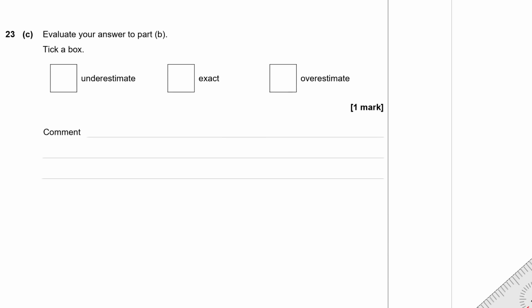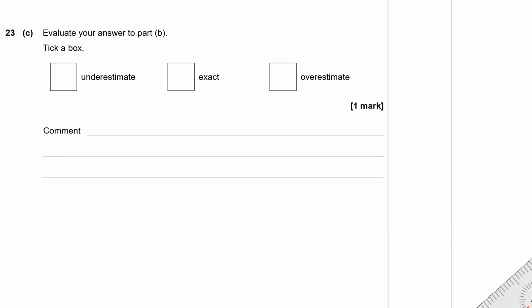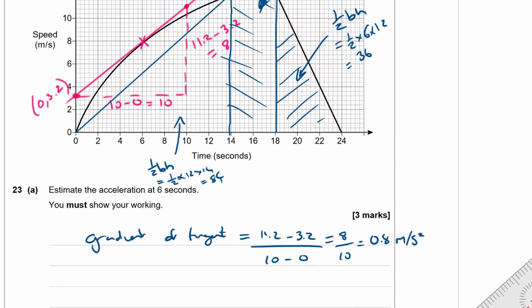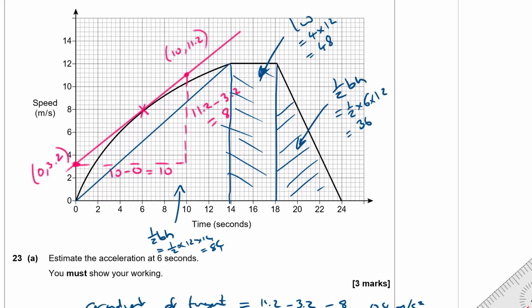Okay, now the last part of the question says evaluate your answer to part B. Is it an underestimate, an exact value, or an overestimate? Well, as I said earlier, we have estimated this area under the curve section to be a triangle, so we've missed off this bit in here. So we have underestimated the distance that was traveled in the time taken.